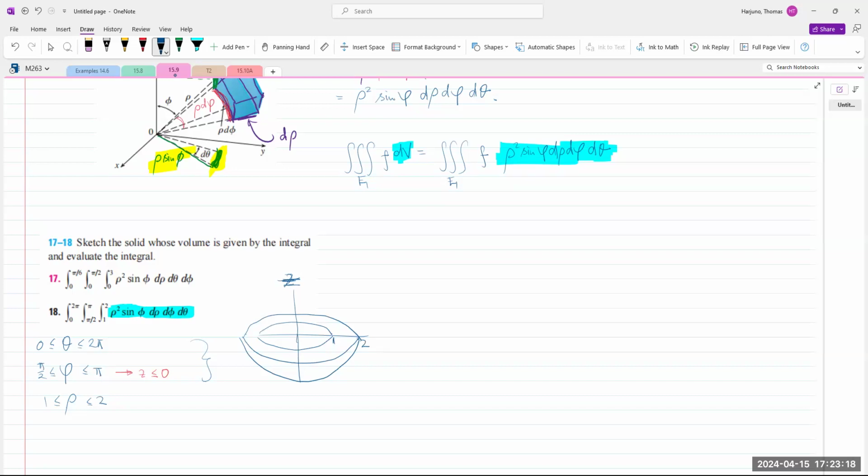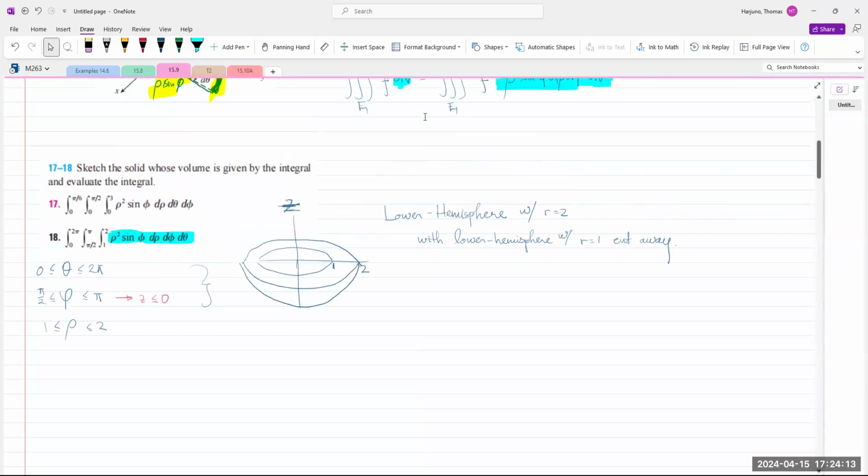So can you imagine if we have a lower hemisphere with radius 2, with the lower hemisphere with radius 1 cut away. Yeah, that's what the solid looks like.